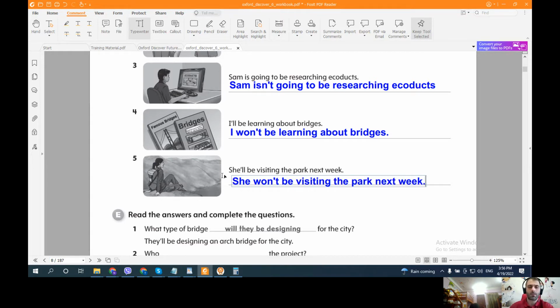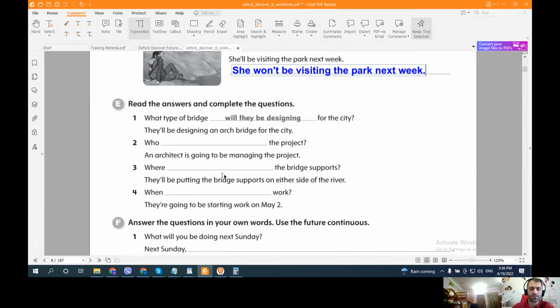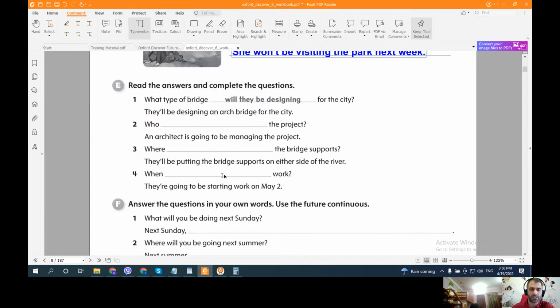Okay. Now, read and complete the questions. Can you please read the question number 1? Number 1, what type of bridge will they be designing for the city? They will be designing an arch bridge for the city. 2, who is going to be managing the project?